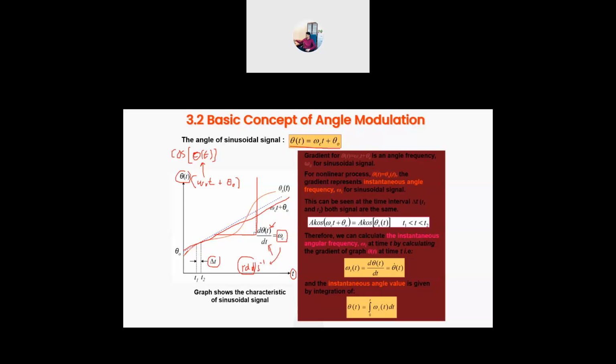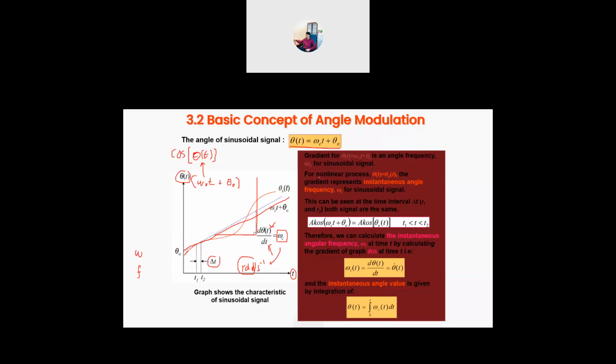So you can see that they are related. It is an angular frequency. Omega is angular frequency, this one is f, but they are related: ω equals 2πf. So the gradient for θ(t) equals ωct plus θ0 is an angular frequency ωc for a sinusoidal signal.